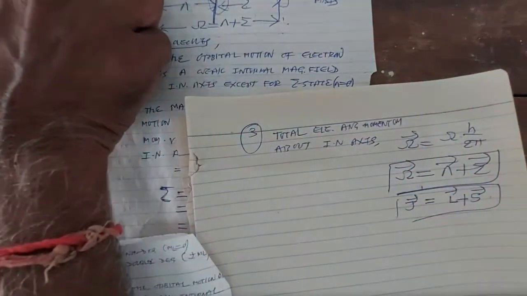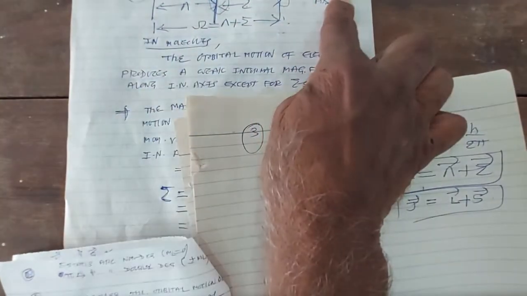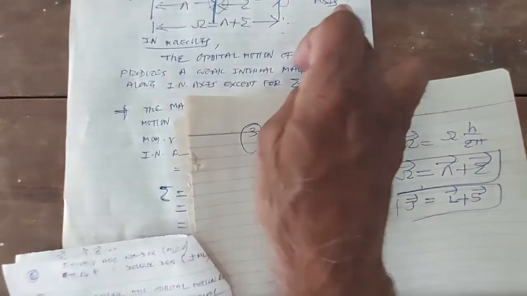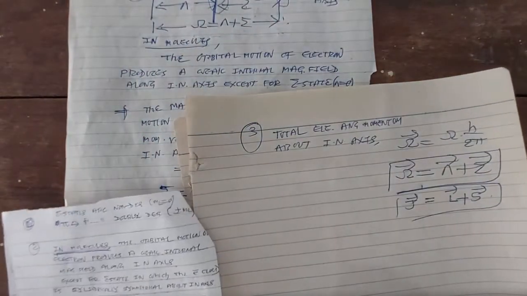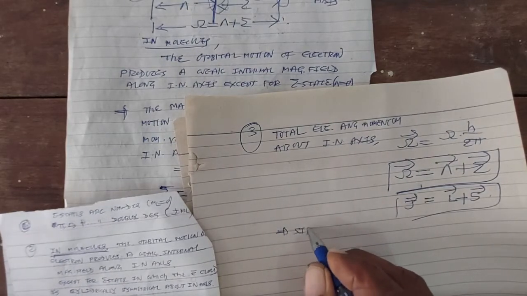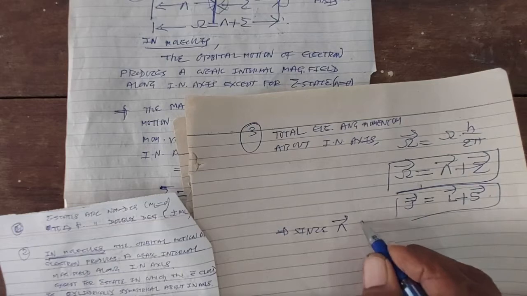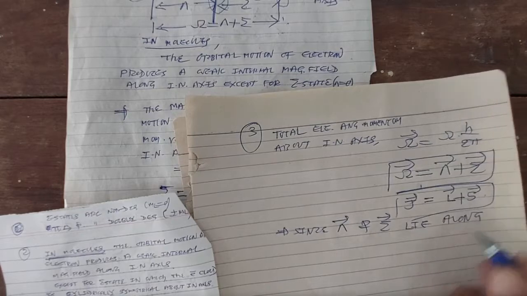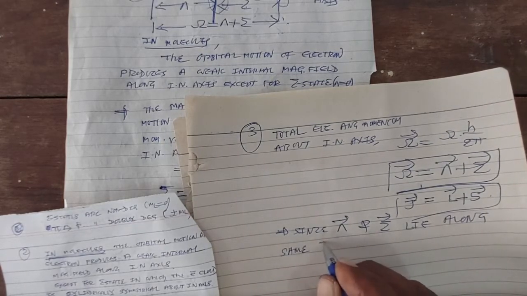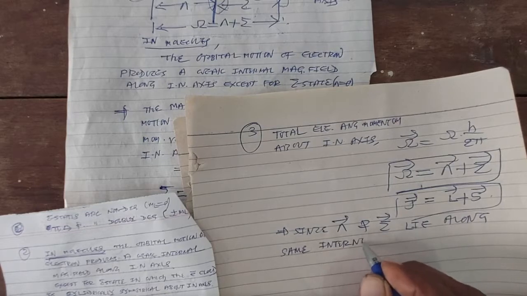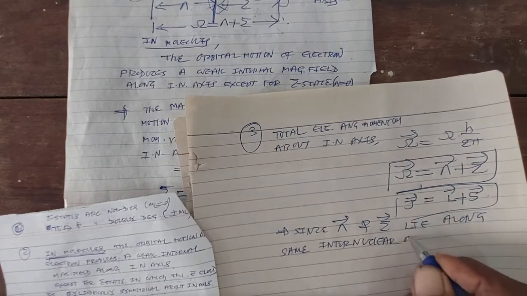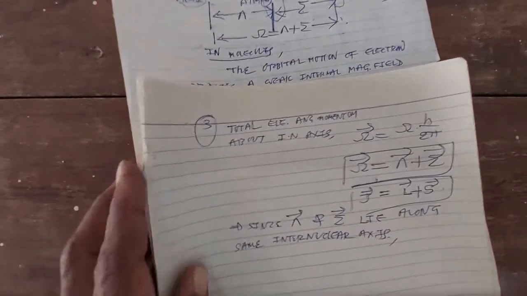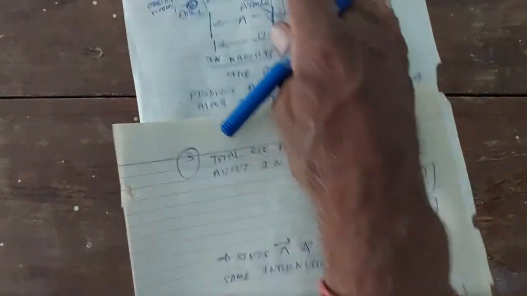Okay, now you know very well that lambda is in the direction of the internuclear axis, and sigma is also in the direction of the internuclear axis. So lambda and sigma both are along the internuclear axis, so a simple algebraic sum is possible.